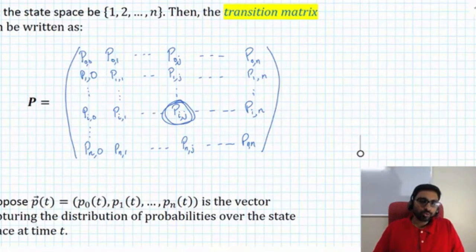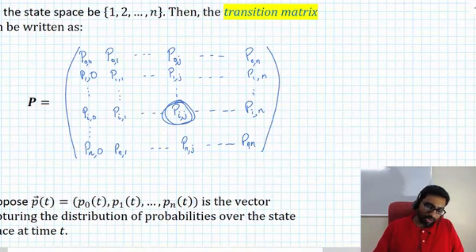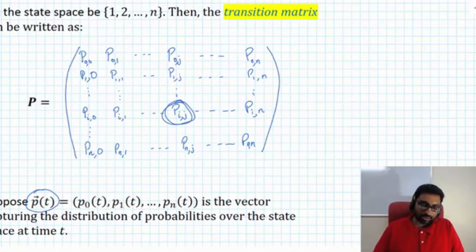So let us denote the probability distribution over the state space by this vector of probabilities, and here P0 of t is the probability that the Markov chain will be at state 0 at time step t, state 1 at time step t, and so on up to state n at time step t.